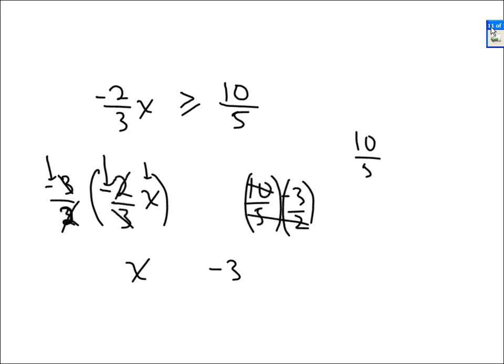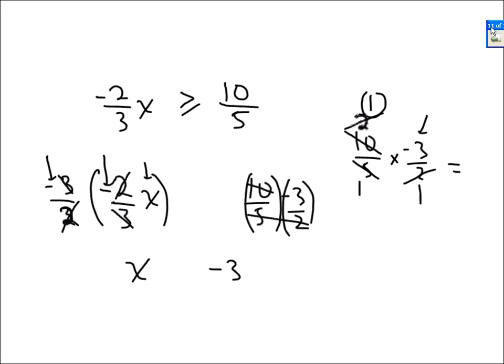Or you can do it the longer way. You can say 5 goes into that bottom number 1 time, and the top number 2 times. And then 2 goes into this top number and this bottom number 1 time and 1 time.